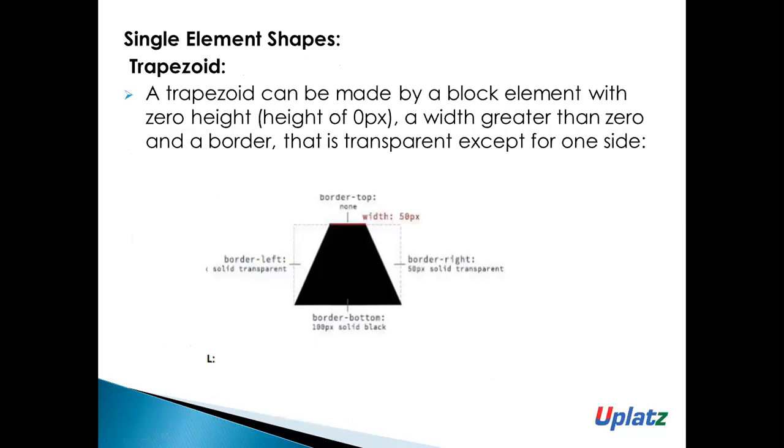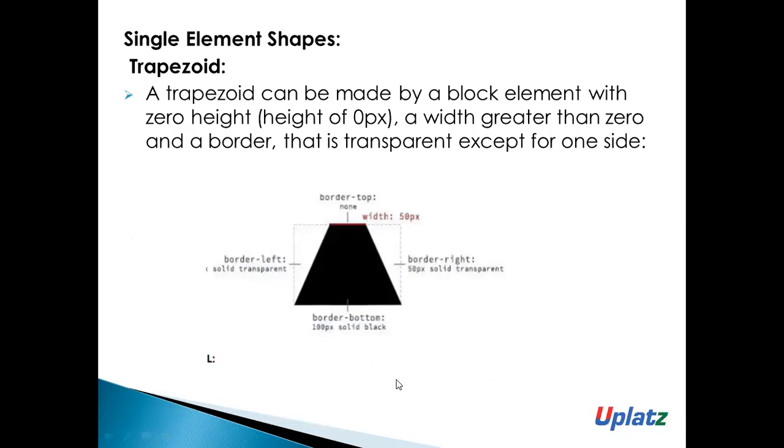So next would be single element shapes. How to draw a trapezoid? This is the basic trapezoid, how it will look. Now we are going to draw this exact image. You can make it with a block element with zero height, a width greater than 0, and a border that is transparent except for one side.